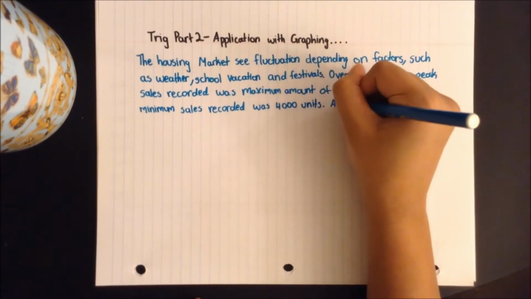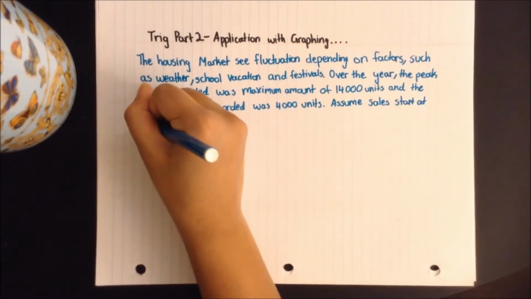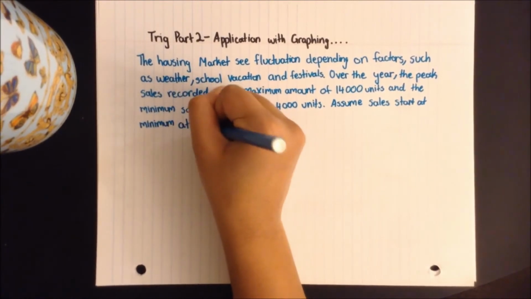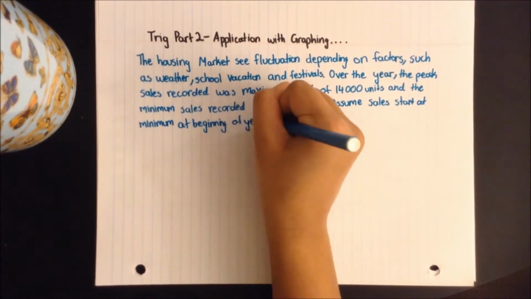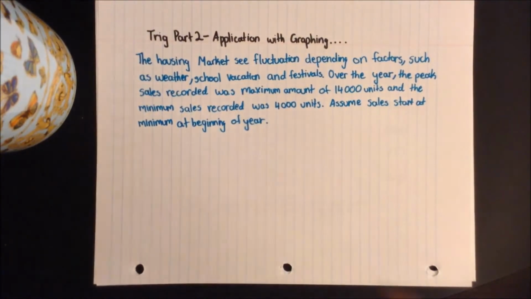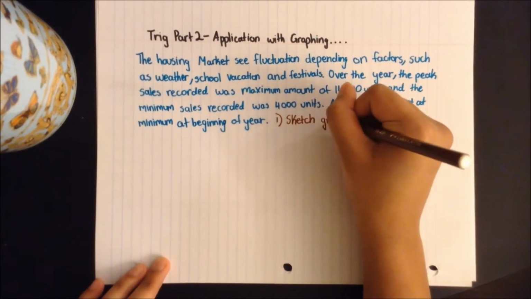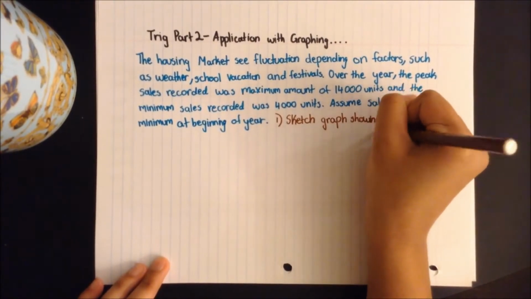Now, assume the sales starts at minimum at the beginning of the year. So the first thing we're going to look at is we have to sketch the graph showing the amount of sales during the year.